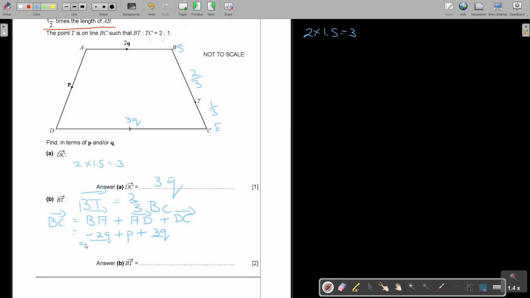So this is going to be Q plus P, but I want BT, so BT is 2/3 of BC, so 2/3 of Q plus P, and you can leave it like this, or P plus Q.